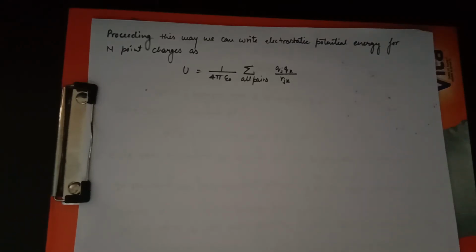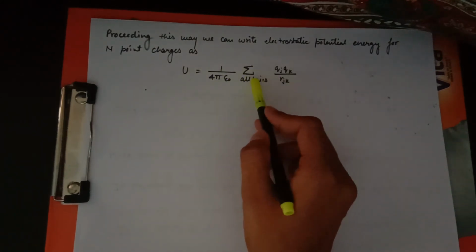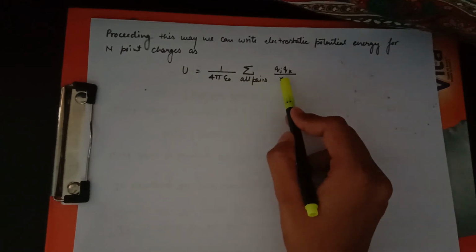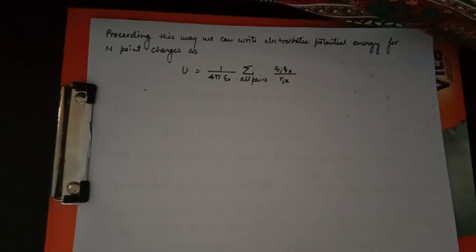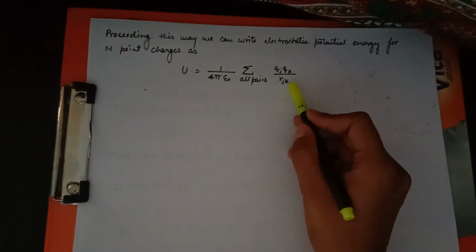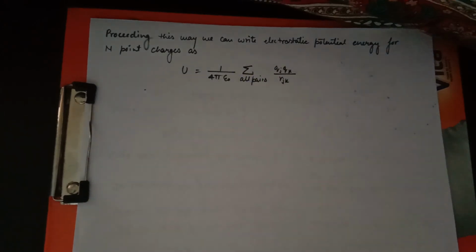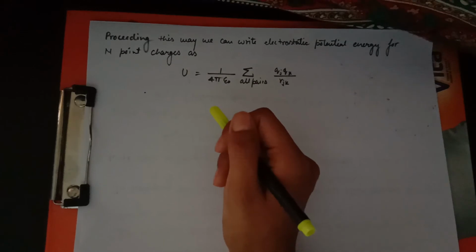Proceeding in the same way, we can write the expression for electrostatic potential energy for n point charges as U equals 1 upon 4 pi epsilon naught, summation over all pairs of qj qk divided by rjk. In this summation, if we put the values of j and k from 1 to n, we need to include a half term outside it.